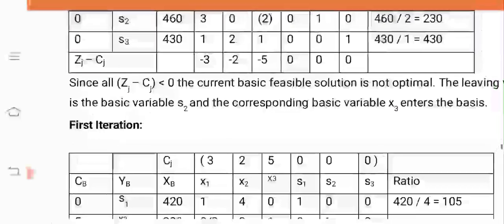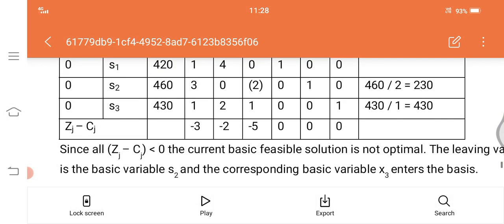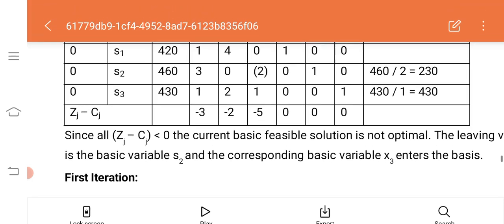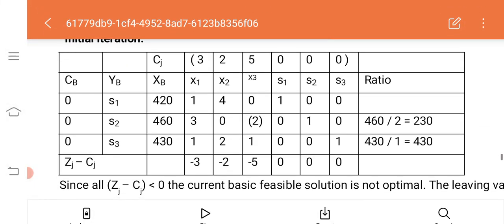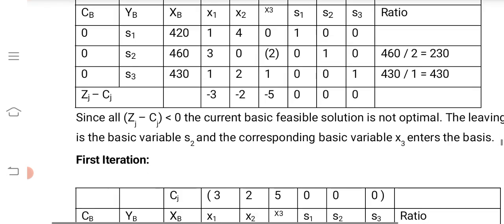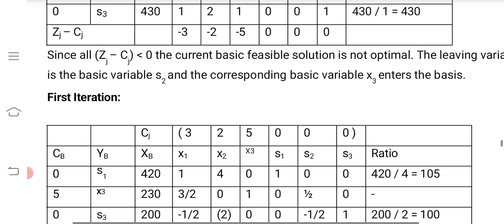The minimum value is 230, so that row is removed, and S2 is removed. Which variable enters? The most negative is minus 5, and that column is x3. So x3 is the entering variable and S2 is the leaving variable; x3 enters the basis.